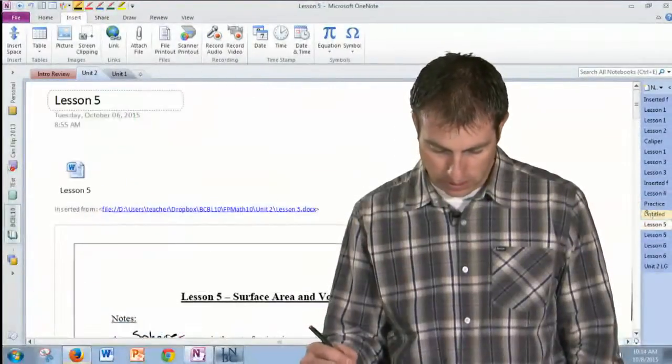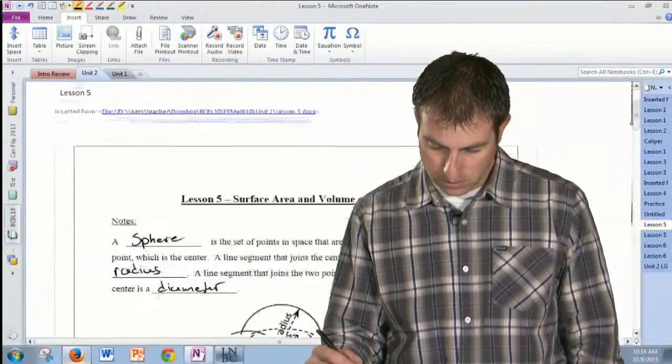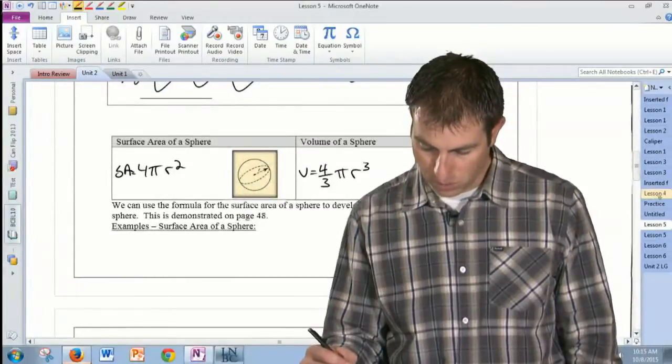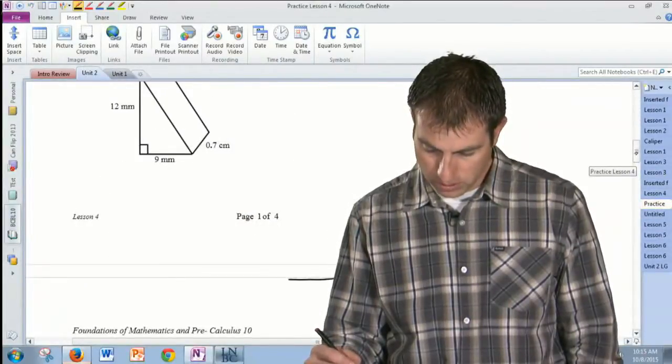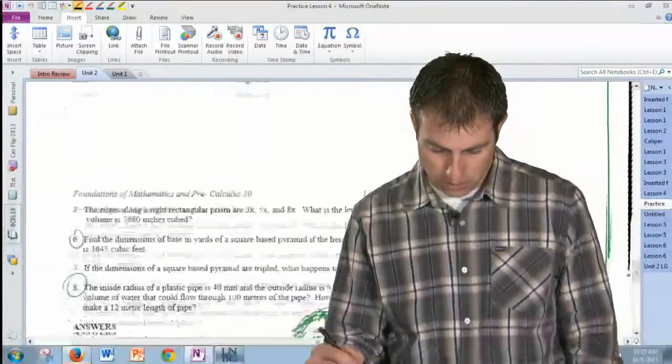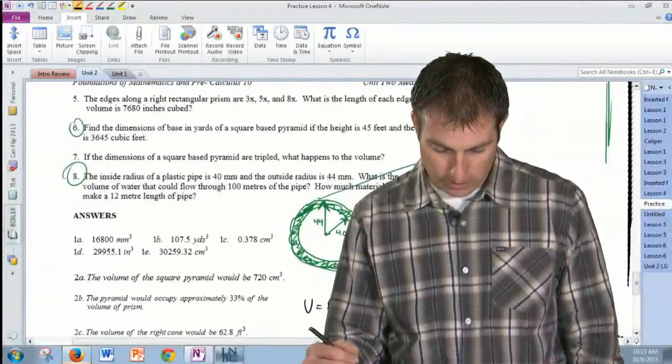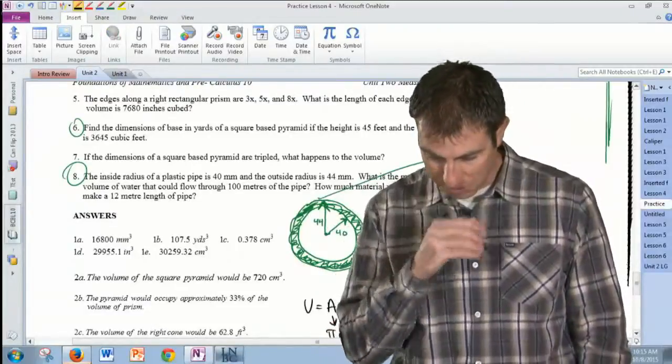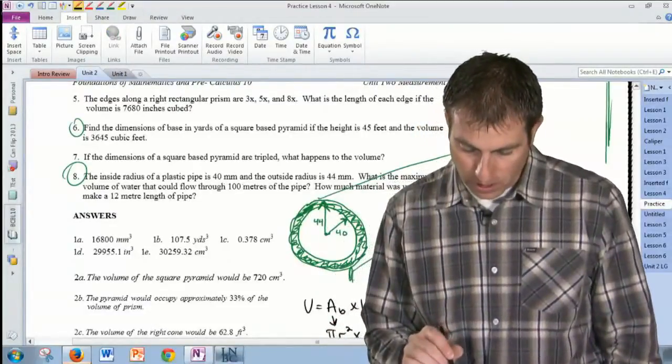Maybe it was in lesson 5. I'm certain I did it. Maybe it was 4, practice 4. Trough. Yeah, there it is. The inside radius of a plastic pipe is 40, and it was 100 meters long instead of 12.